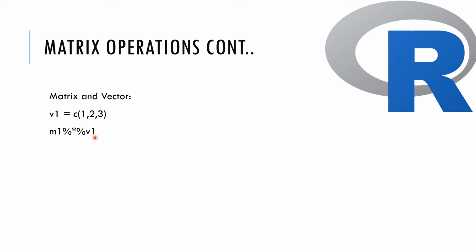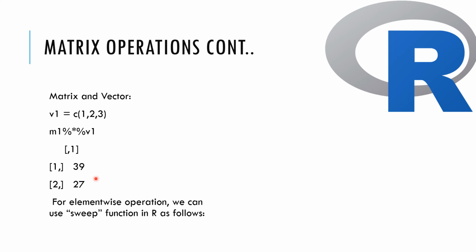What R does is it treats this v1 as a matrix, converting this vector into a 1 by 3 matrix automatically, and that's what you get. With 2 rows, the resultant output matrix will be a 2 by 1 matrix.